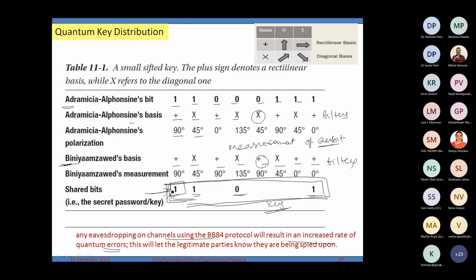So once the key distribution happens, once the key establishment happens, both A and B can communicate using symmetric encryption techniques such as AES. This is about the BB84 protocol.